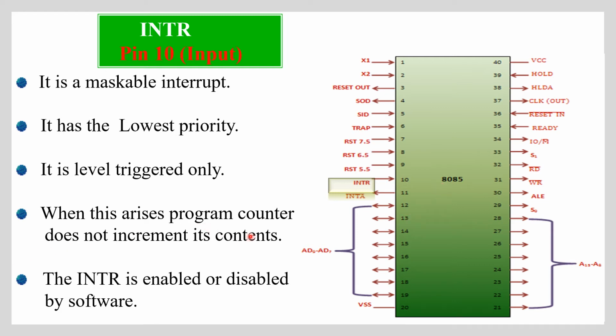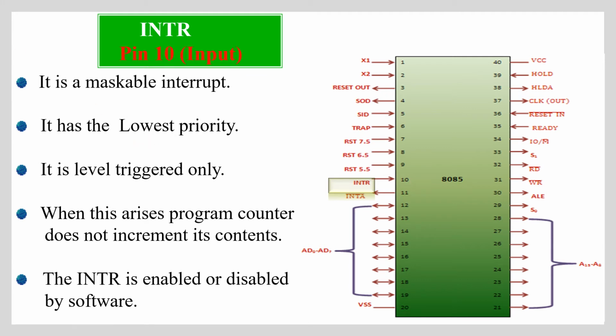When this arises, the program counter does not increment its content. The INTR can be enabled or disabled by software. So INTR, pin number 10, is again an input to the microprocessor.